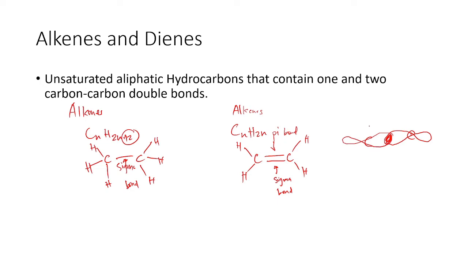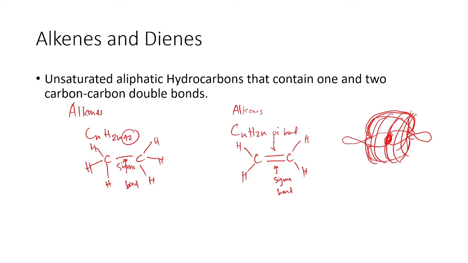When it comes to the pi bond, aside from the sigma bond, we will have another site here. Actually, this is more circular, going around to here. That site is for sharing electrons. That is the site we call the pi bond. Later, we will have other discussions regarding this.